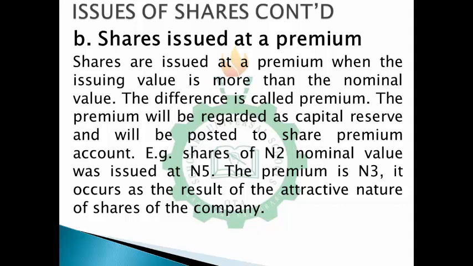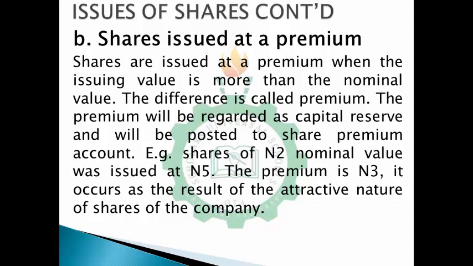All right. Take for instance, shares of 2 naira nominal value issued at 5 naira. Of course, you'll agree with me that the premium, which is the difference between 2 naira and 5 naira, is 3 naira. So the premium is said to be 3 naira. Whenever shares are issued at a premium, it most likely occurs as a result of the attractive nature of the shares of the company.